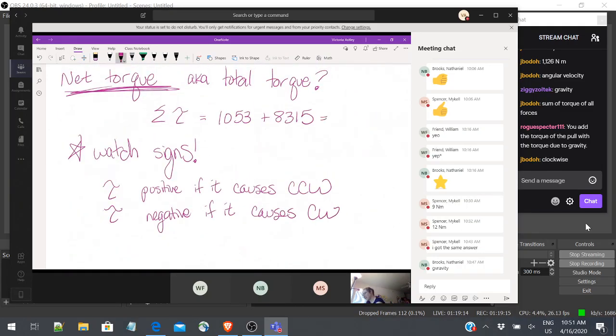So we could say this is 9,368 Newton meters clockwise, or just negative 9,368 Newton meters. Just like you might say 10 newtons to the left or negative 10 newtons. It's the same kind of idea.